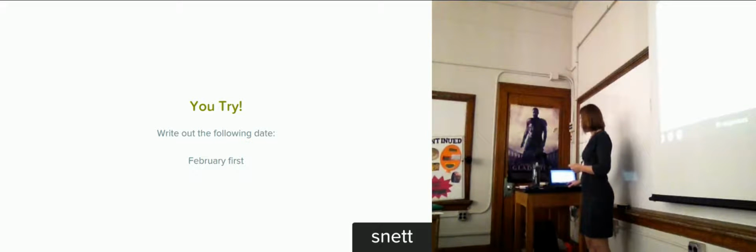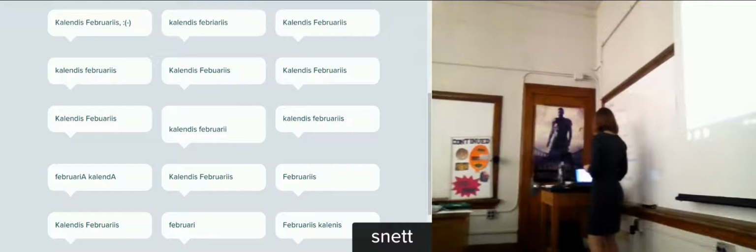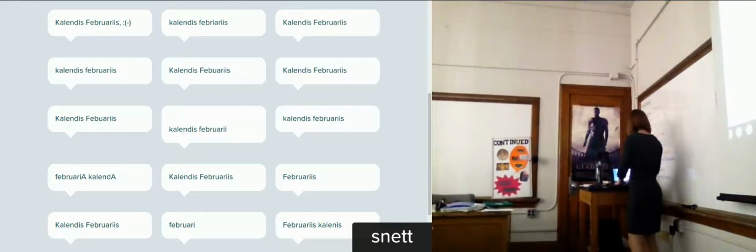All right, another new feature of Pear Deck, grid layout. Calendis Februariis is exactly what we were looking for there.